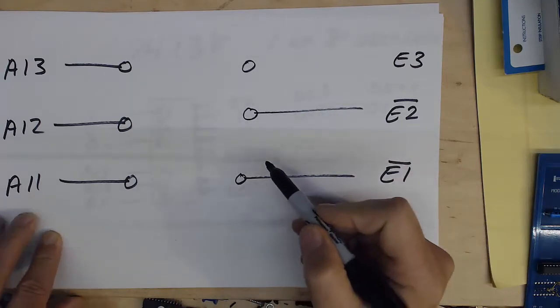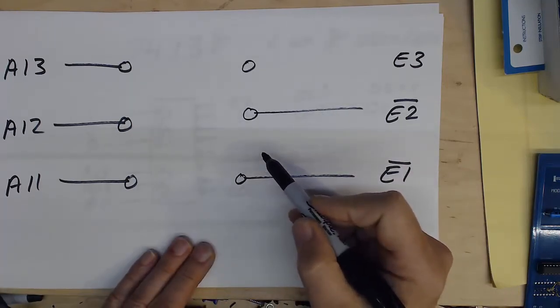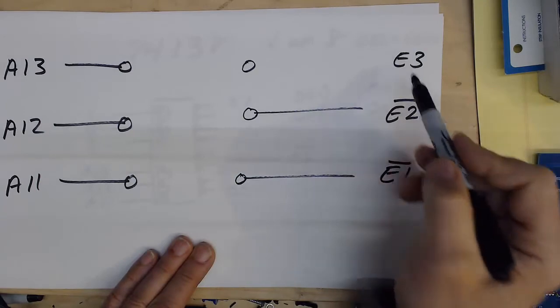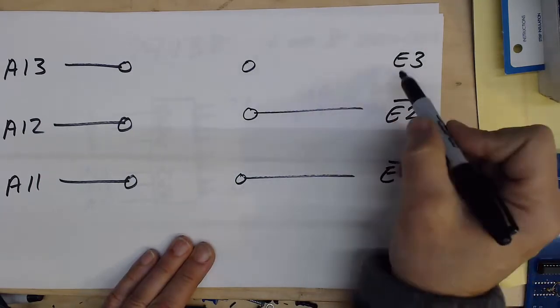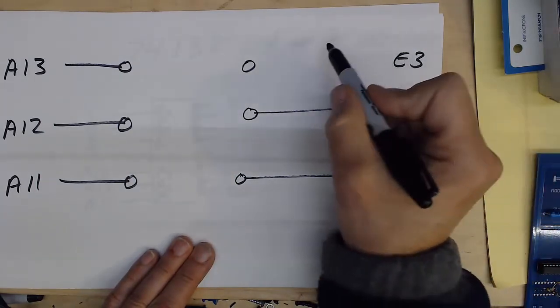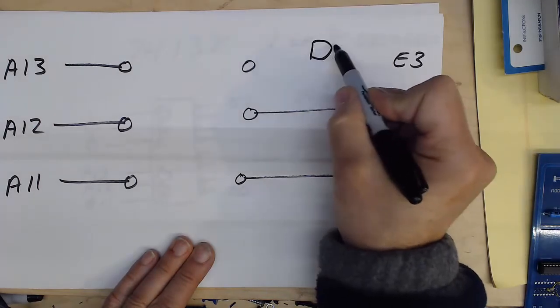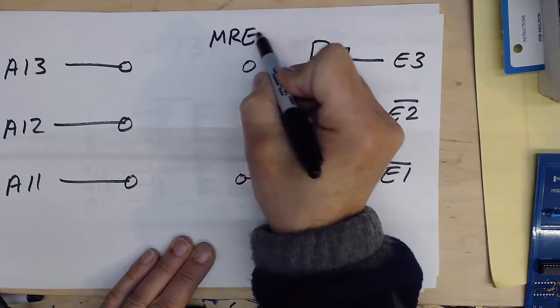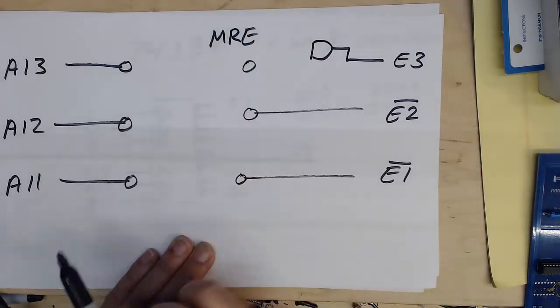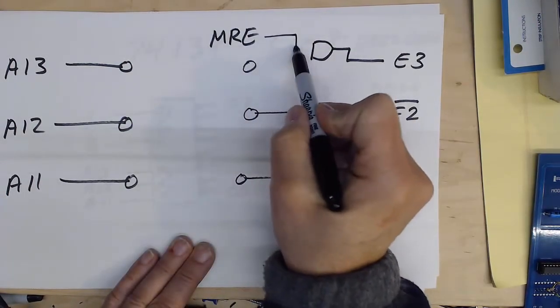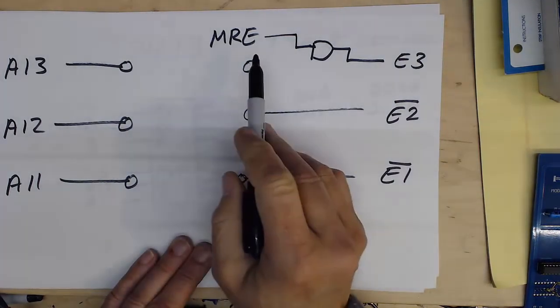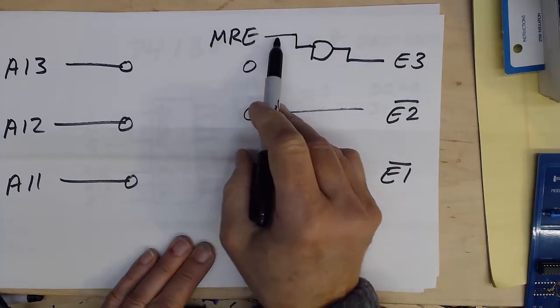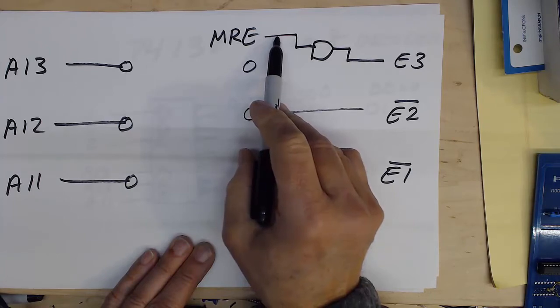Now, there is one more little thing, and that is that before we go into E3, one of these we have to pick. It doesn't matter which one, but E3 is the most convenient to pick. We have to AND this with our MRE, which is our memory read enable. Our memory read enable will come from the processor, and that is basically when we gate things onto the bus and when we are ready to read the bus.